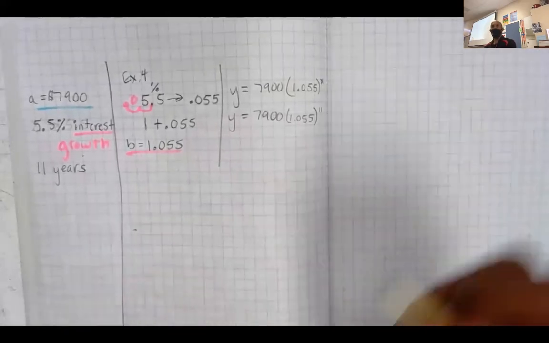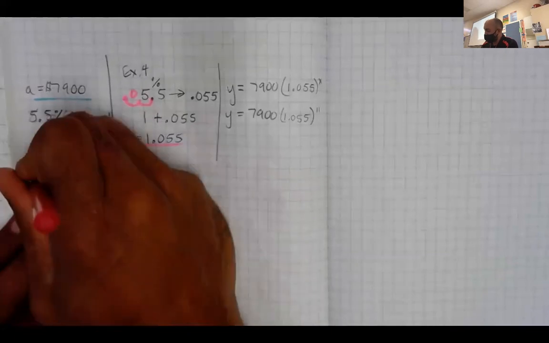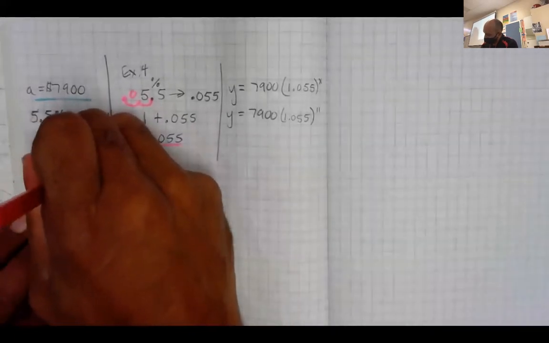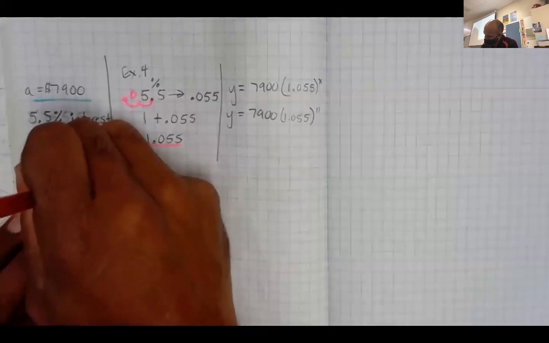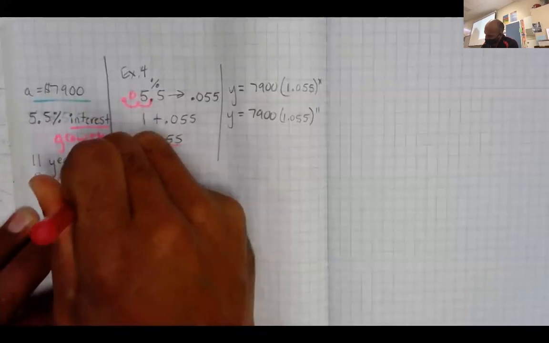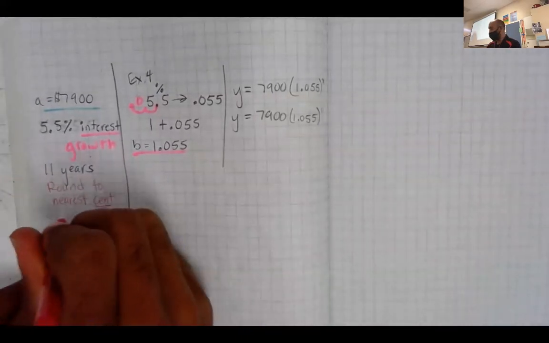Okay, so we'll plug that in. And one more thing we need to include here is that we round to nearest cent. So round to nearest cent on this one. Okay.